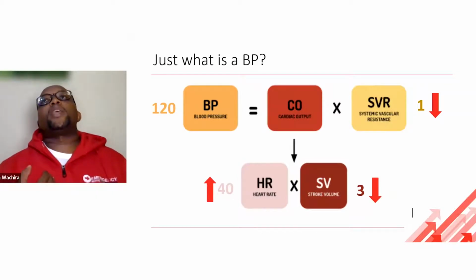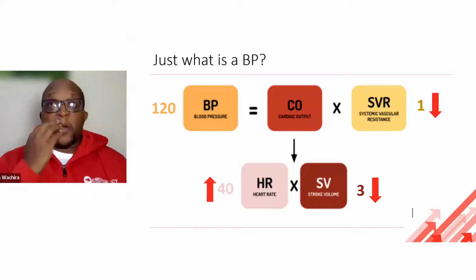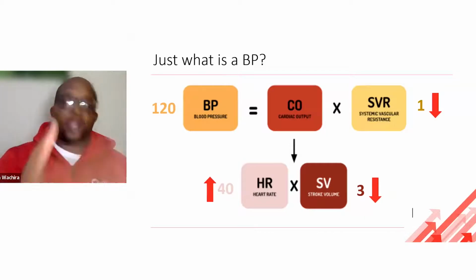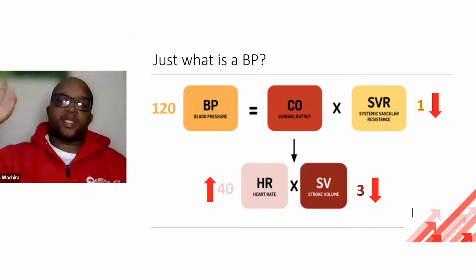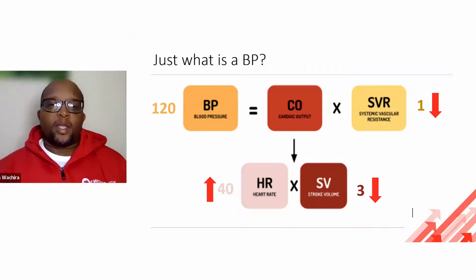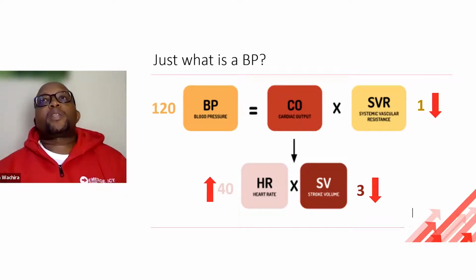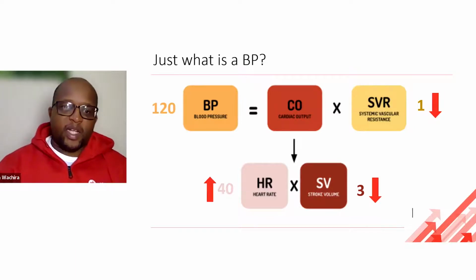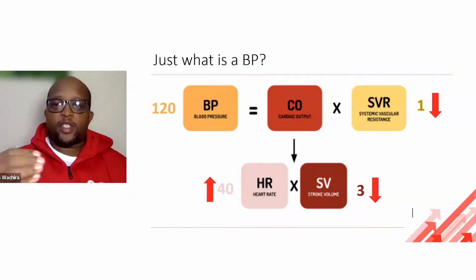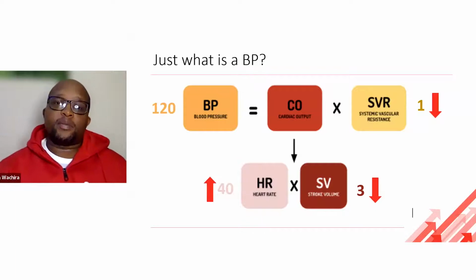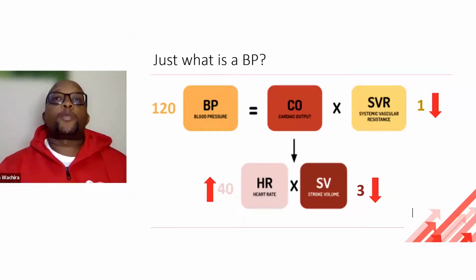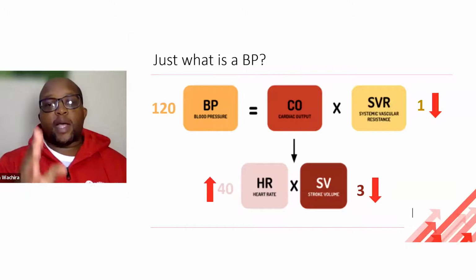So if you find a patient, for example, with a BP of, let's say, 120, okay, it's not 120/60, 120/80, that blood pressure is not a normal blood pressure if you've not factored in your heart rate, your stroke volume, your systemic vascular resistance, because what you're seeing is the end product of heart rate times stroke volume times systemic vascular resistance.